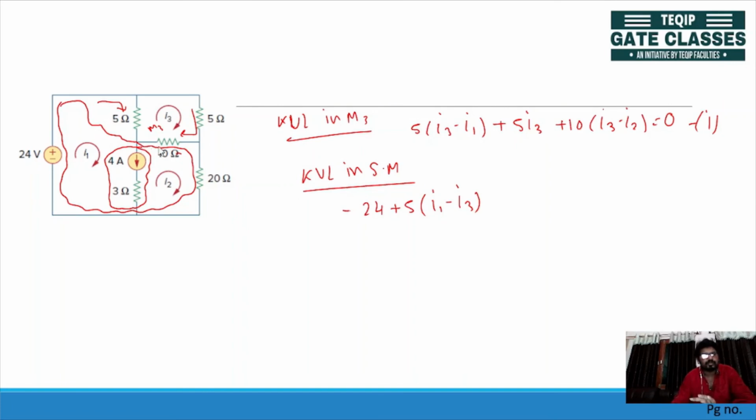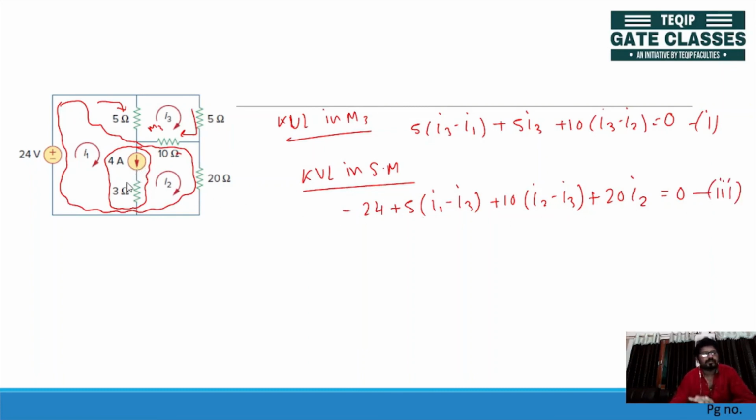Now come to 10 here, plus 10(I2 minus I3), because our path is supporting I2 and opposite to I3, plus 20 I2 is equal to 0.